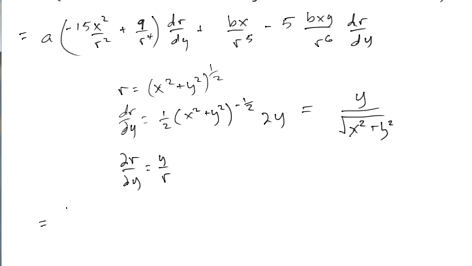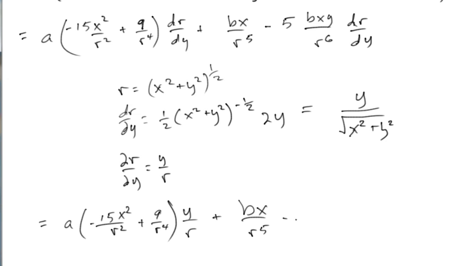So we can substitute that in, and we get a times minus 15x squared over r squared plus 9 over r to the 4th times y over r, and then plus bx over r to the 5th minus 5bxy over r to the 6th times y over r.